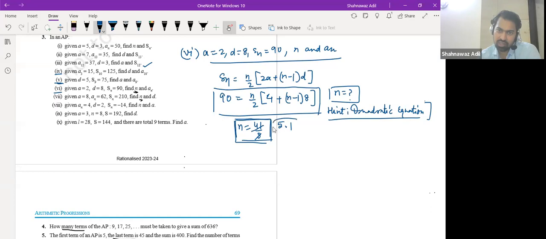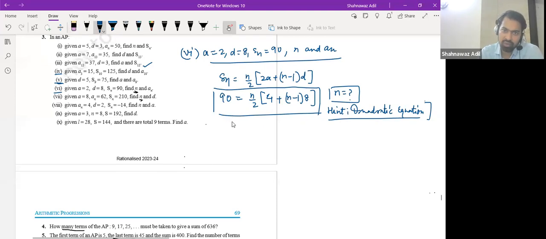So this n, the number of terms, cannot be in decimal or fraction, right? Number of terms can be a natural number, not a decimal. So this cannot be 5.1, right? So there is some mistake, and we have to find out what that mistake is.